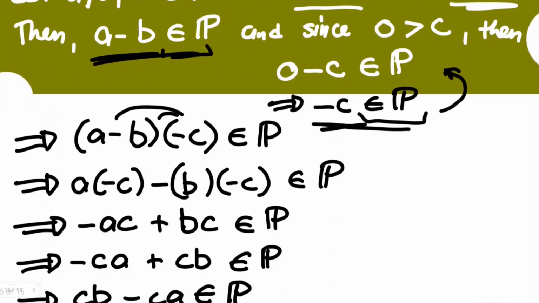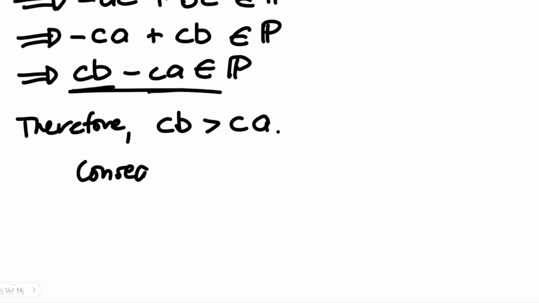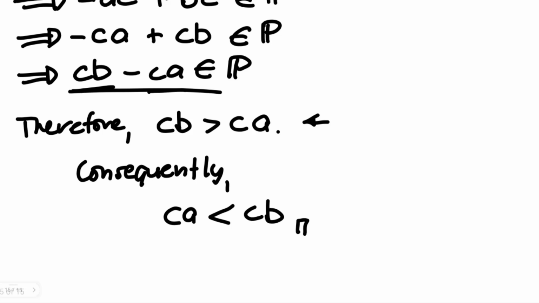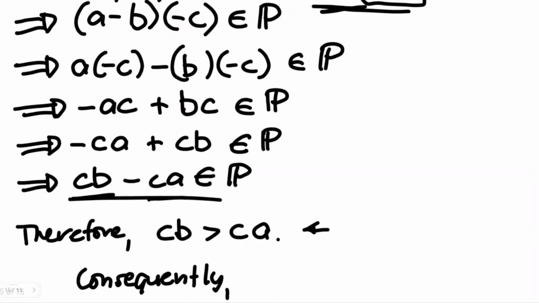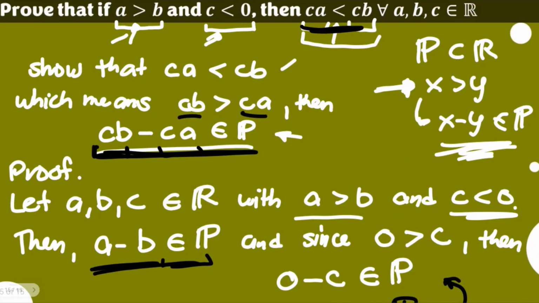Therefore, per definition, CB is greater than CA, which consequently means, because this is not what is asked by the statement, the other way around, CA is less than CB. This ends the proof. Take note, that is what we would like to prove here at the top: CA is less than CB.